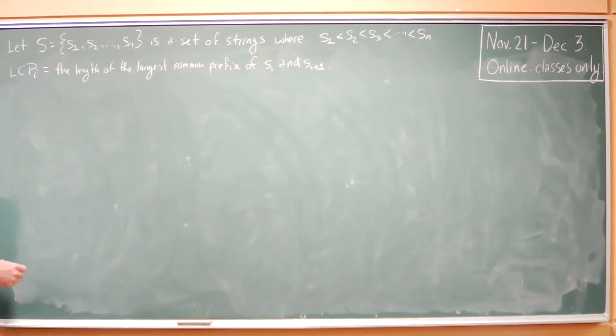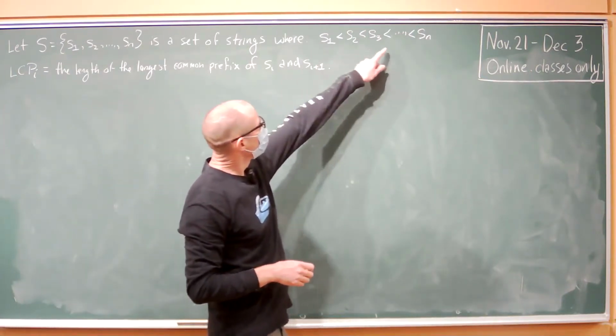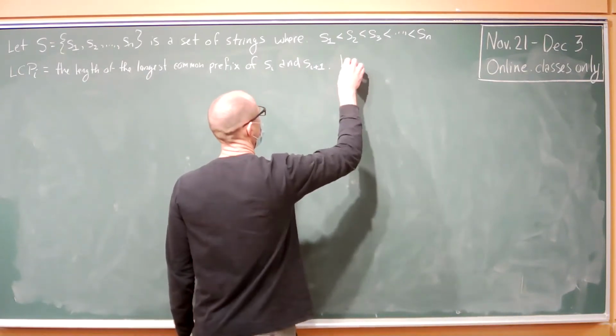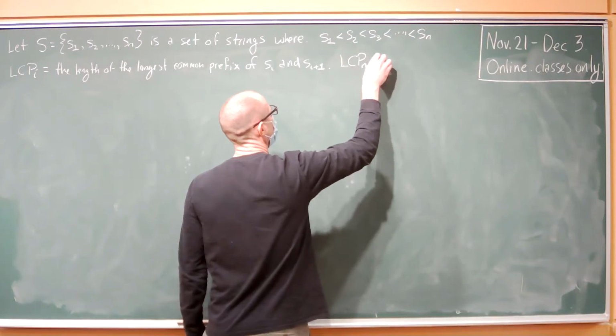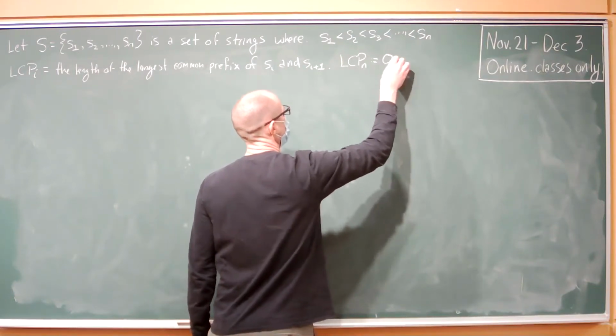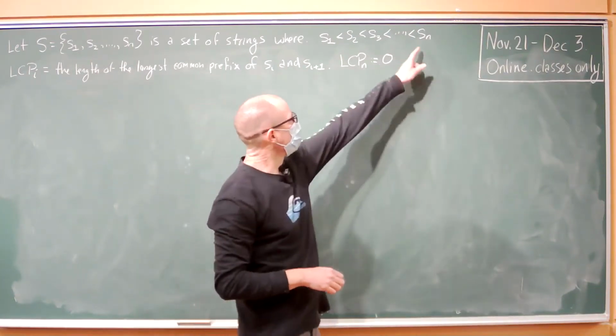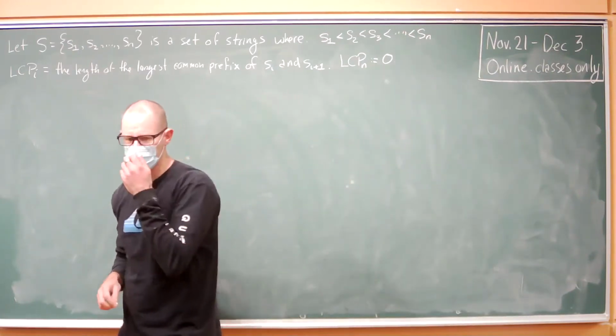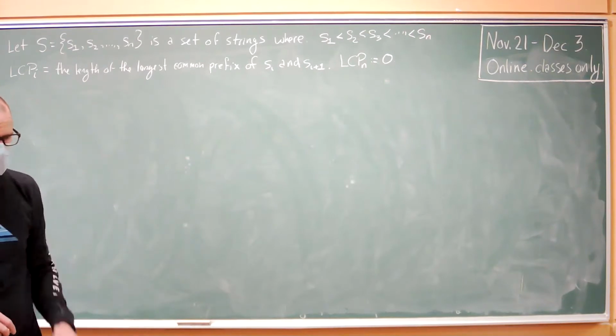And that makes sense for any i equal 1, 2, 3, all the way up to n minus 1. And LCP of n we'll just define as 0, because the longest common prefix of Sn and nothing, since nothing comes after it, we'll use the convention that it's 0.